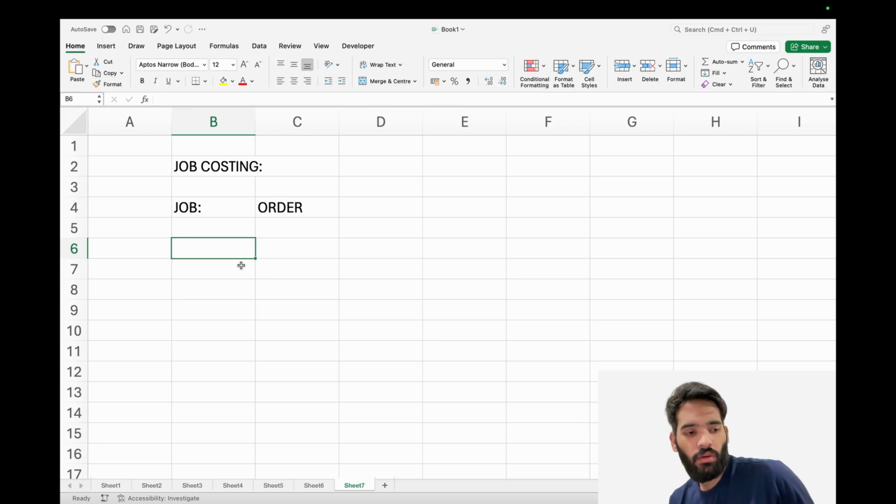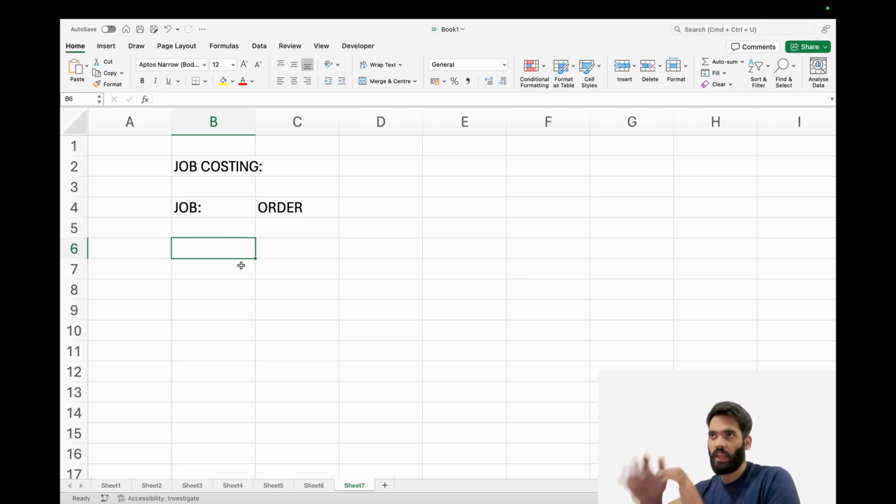Now, let's say a furniture shop. Furniture shops usually get orders. I want this type of table, I want this type of door, I want this type of sofa. Now this furniture shopkeeper has to quote them the price. To be able to quote a price to the customer, you need to know the cost. That's called job costing.